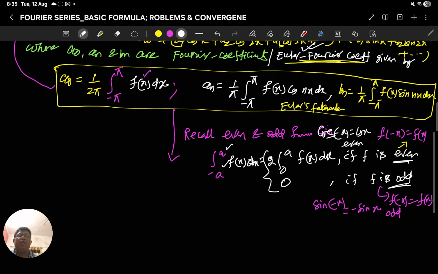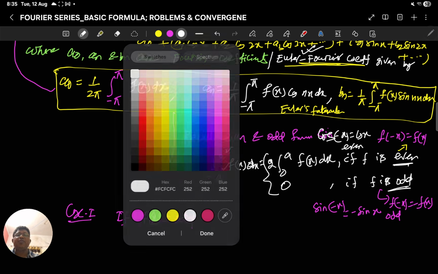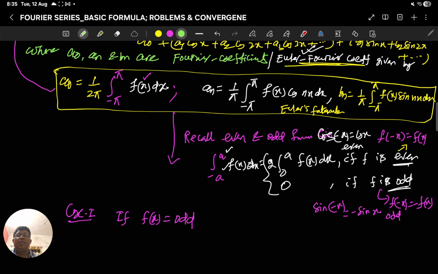You see, if the function is odd, case 1, if f(x) is odd, what will happen? Once it is odd, then a0 will be 0.